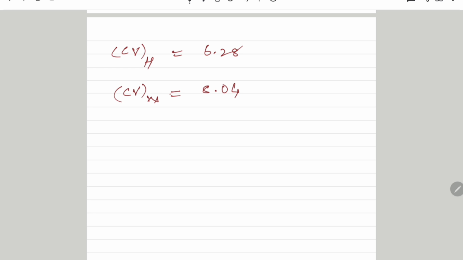And the question is, in which characteristic is there more variation? Therefore, whose CV is more, that characteristic has more variation. Therefore, as the CV of weight is greater than the CV of height, weight is having more variation.